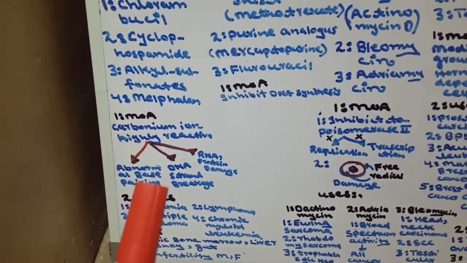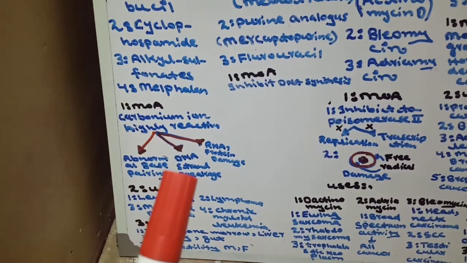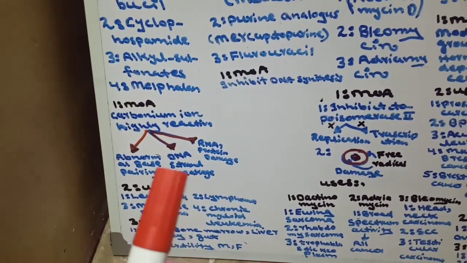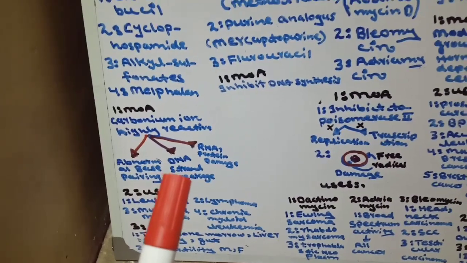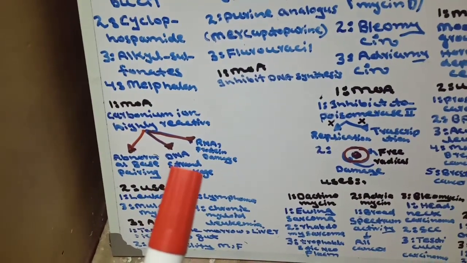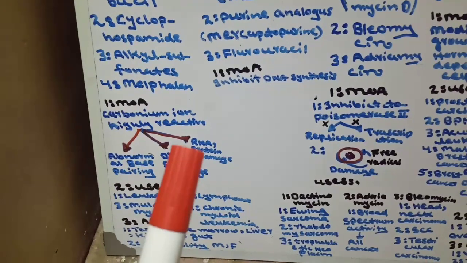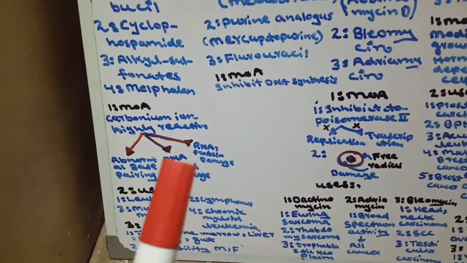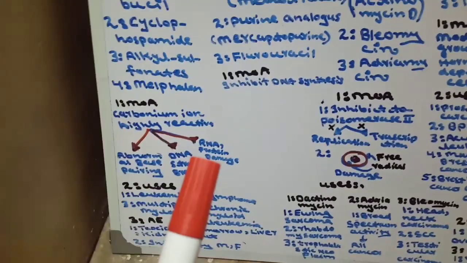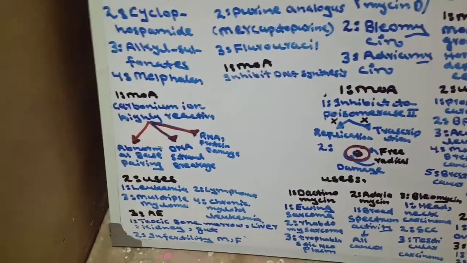Second, the carbonium ion breaks the DNA strand. It breaks the double-strand DNA. Number three, it damages the RNA and protein of the cancerous cell. This is the mechanism of action.